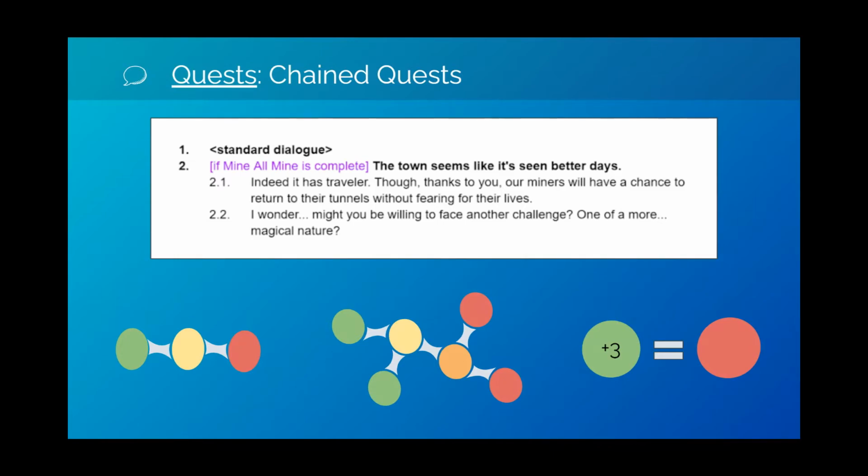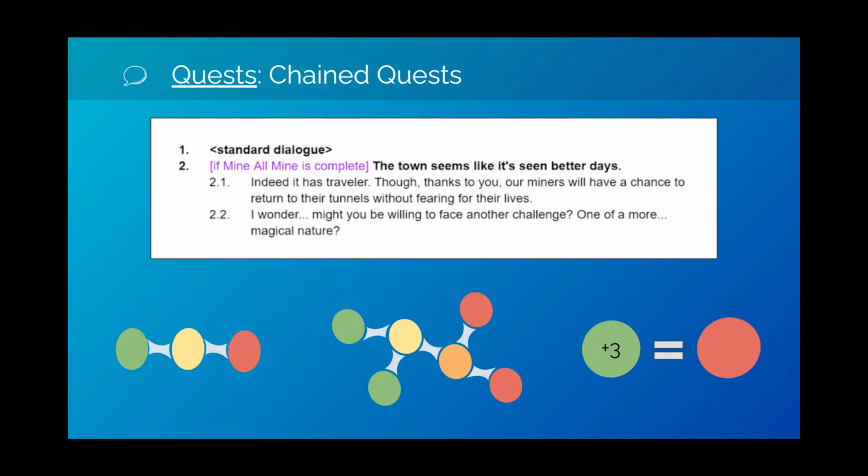So looking at the example, this NPC has their standard dialogue. That is the indication that all of the stuff they would normally say is there, just in those angle brackets, standard dialogue. And then, if the quest, Mine All Mine, is complete, they have another option. The town seems like it's seen better days. NPC responds, indeed it has, traveler, though thanks to you, our miners will have a chance to return to their tunnels without fearing for their lives.